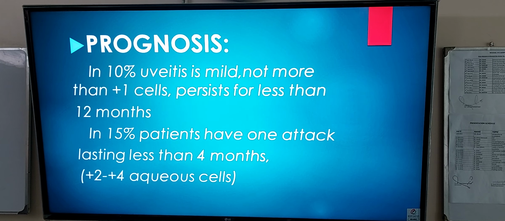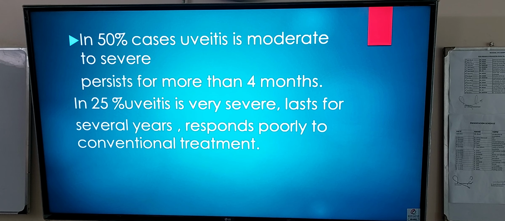In 50% of cases uveitis is moderate to severe and persists for more than 4 months. In 25% uveitis is very severe, lasts for several years, responds poorly to conventional treatment, and is responsible for more of the morbidity.